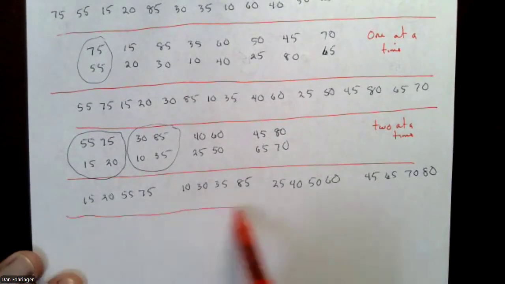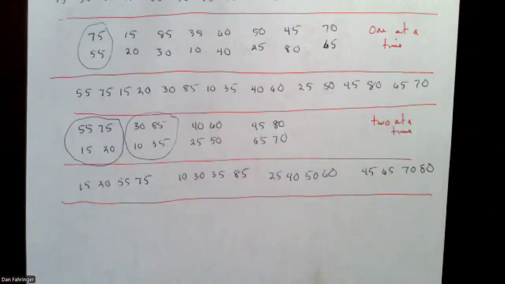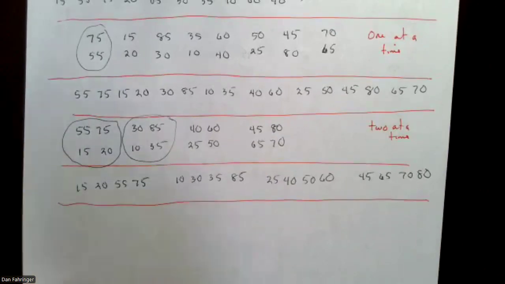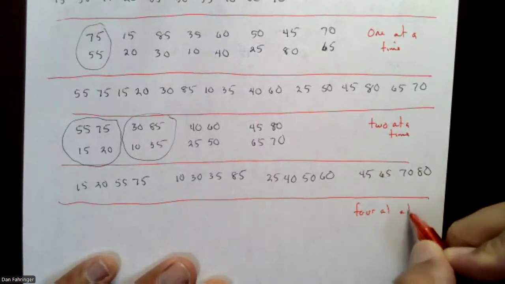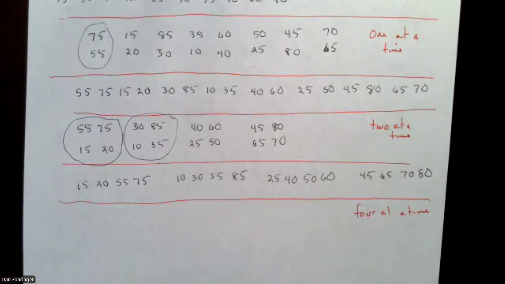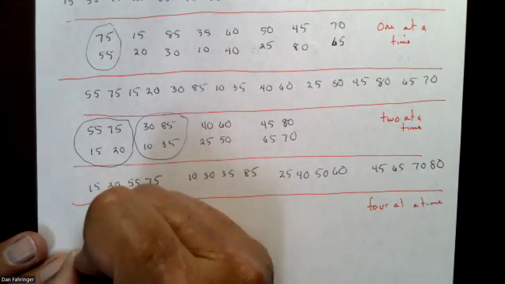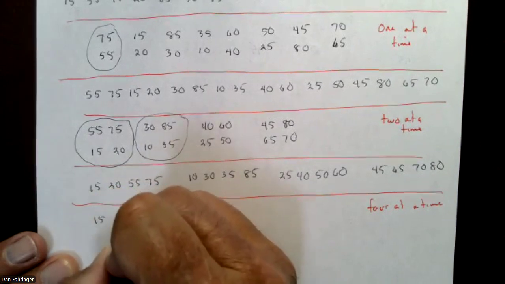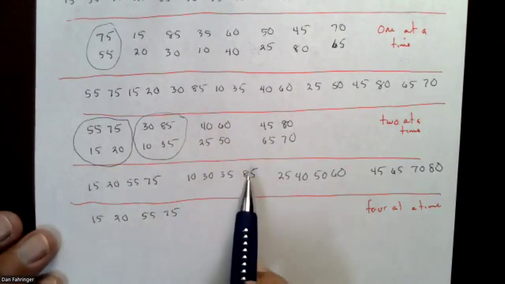Getting closer. I went by ones, I went by twos. What do you think I'm going to do this time? Four at a time. Yeah, four at a time. In the first list, I'm going to do four numbers: 15, 20, 55, 75.